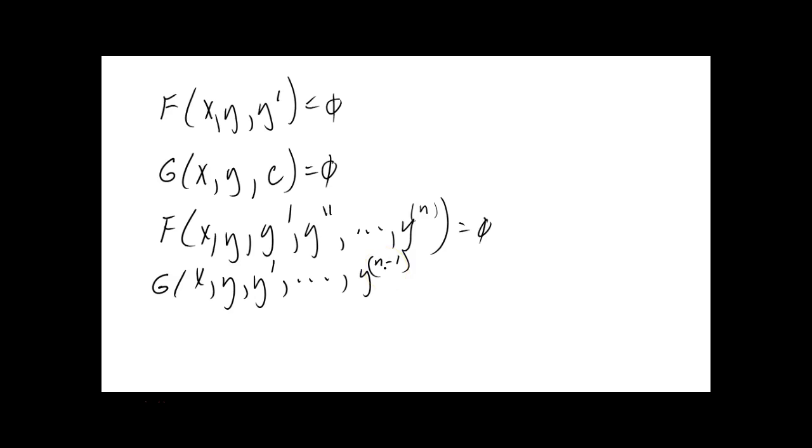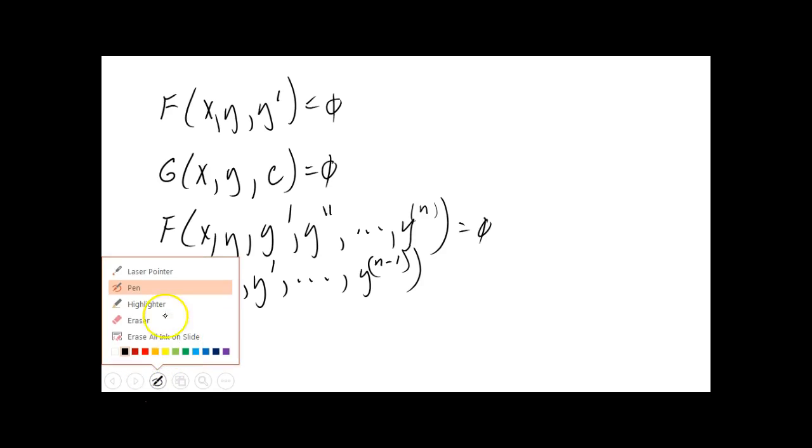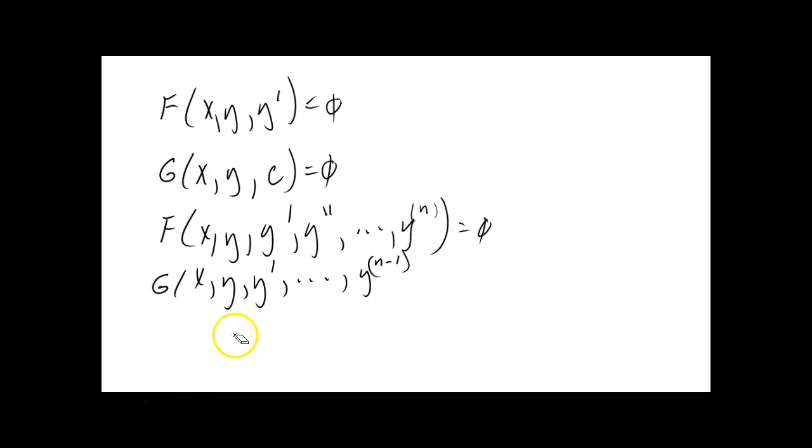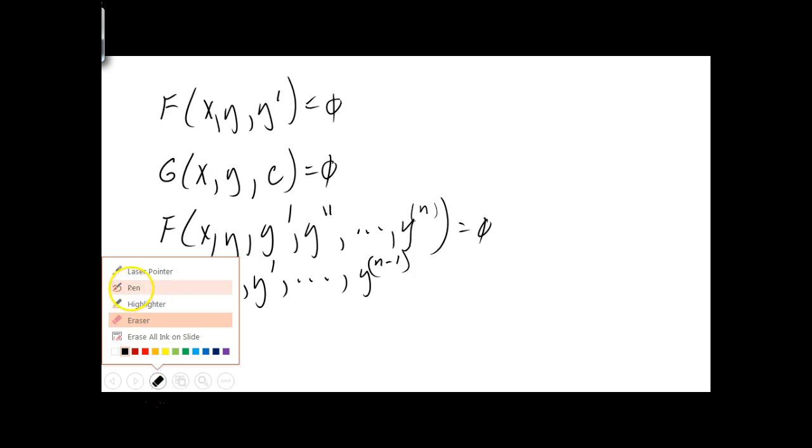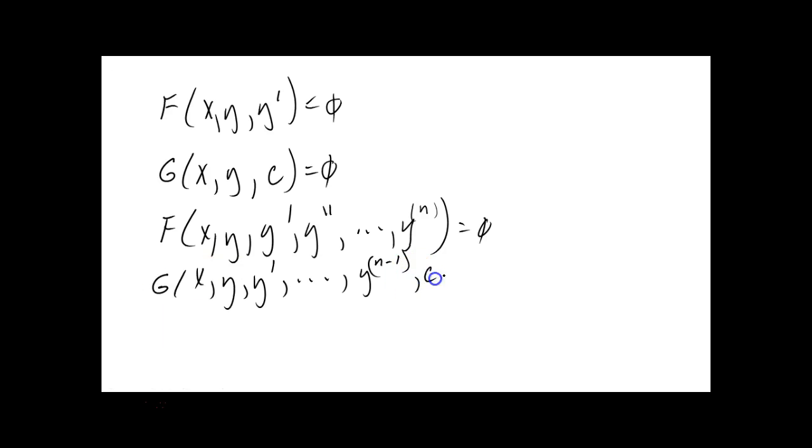It will not have the nth derivative, because that's what you're solving for. Well, I'm sorry, I forgot to put in a c. So a constant c equals 0.